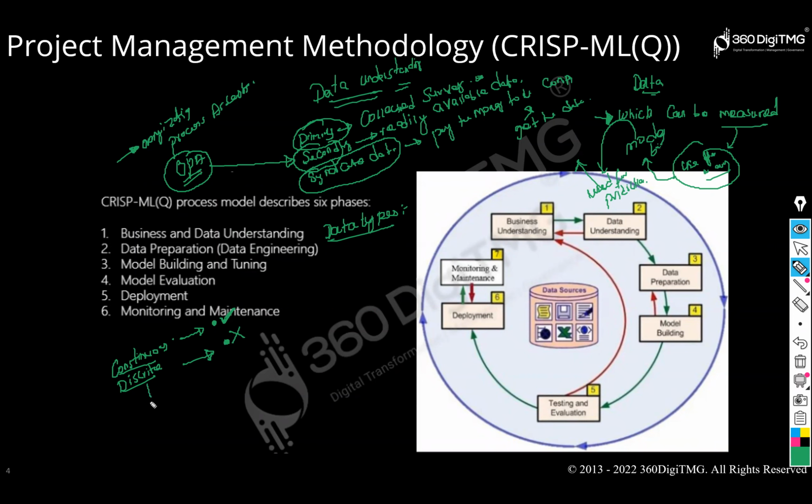In discrete data, we have categorical data and we have count data. Discrete data cannot be represented in decimal format. Categorical data, obviously, we cannot represent in decimal format.